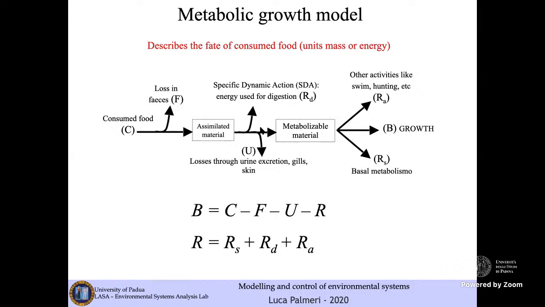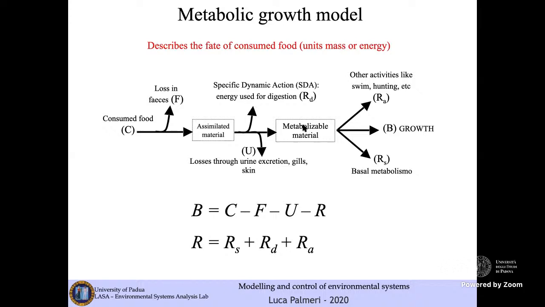or it remains after digestion, so after transformation of the assimilated food into organic materials, what is called metabolizable materials, or materials that can go through the chains of the metabolic consumption processes.